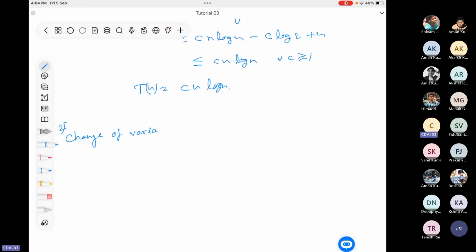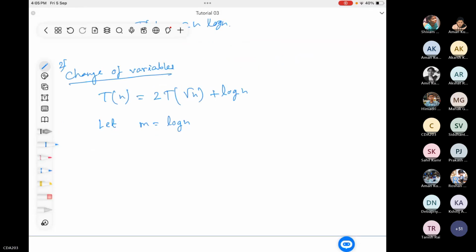This means 2 to the power m is equal to n. So this recurrence would be transformed into something like T(2 to the power m) equals T(2 to the power m by 2) plus log of 2 to the power m, which is log n, which is m.